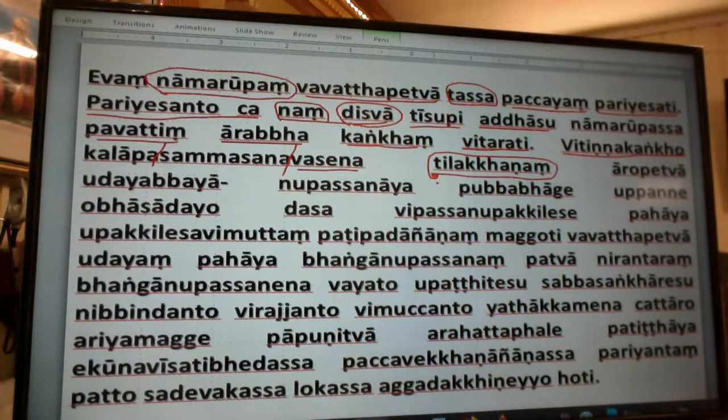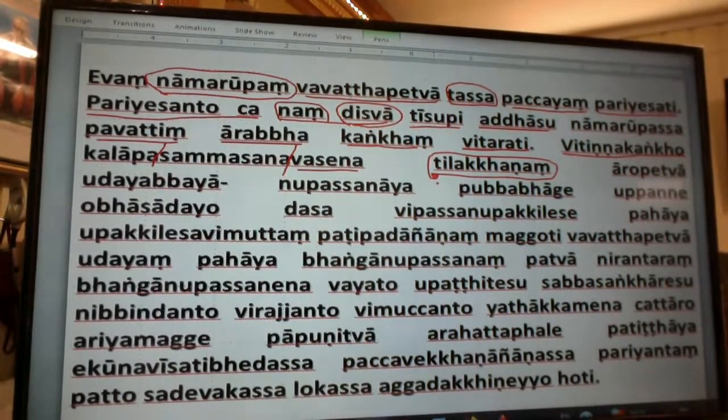Not individual characteristics. We have two kinds of characteristics for Vipassana: individual characteristic and universal characteristic. So here Tilakkhana means universal characteristic: impermanent nature, dukkha, unsatisfactoriness nature, and anatta, no-soul nature.